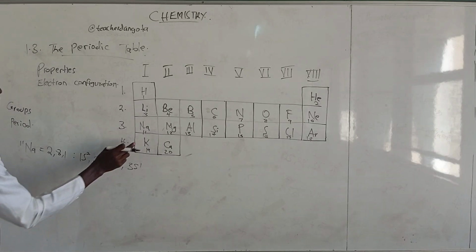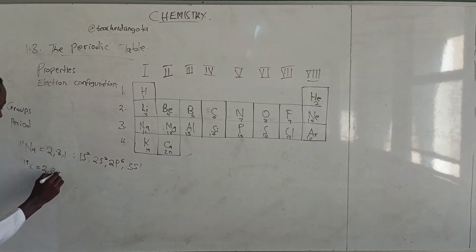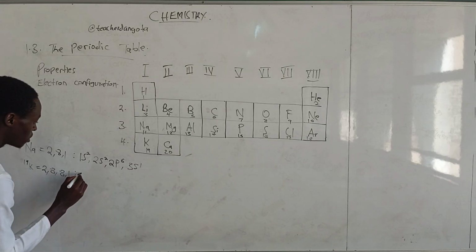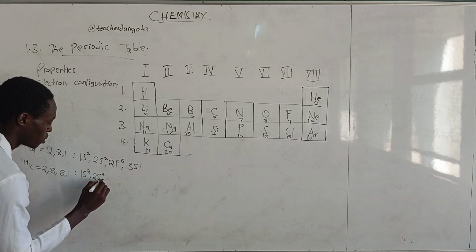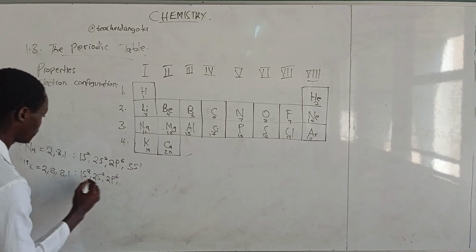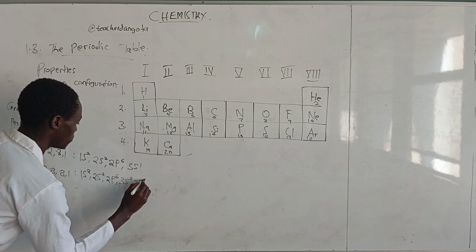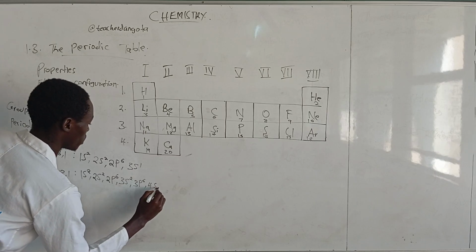Let's check on potassium. Potassium has an atomic number of 19. So it will be 2, 8, 8, 1. In terms of orbitals, it will be 1s2, 2s2, 2p6, 3s2, 3p6, 4s1.